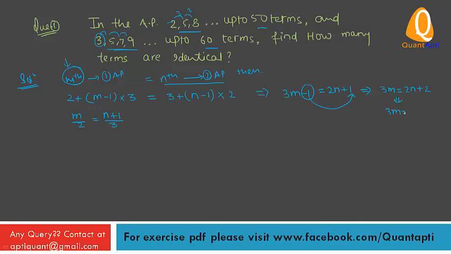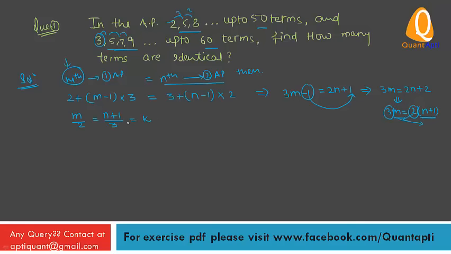Cross multiplying the terms, 2 is divided by m and 3 is divided by n plus 1.